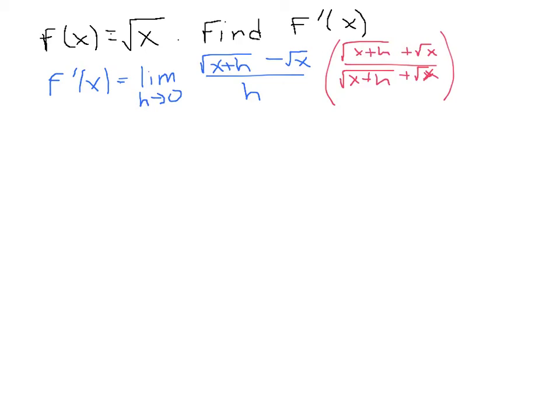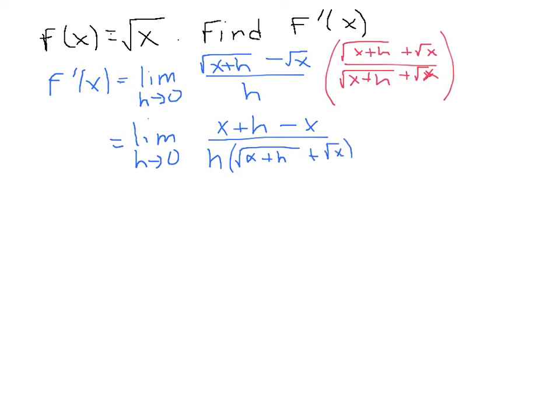And start to simplify. So limit as h approaches 0. Remember, the numerator is just the conjugates, that a squared minus b squared pattern, a minus b, a plus b. So it's going to be x plus h minus x, that's the a squared minus the b squared, divided by h times, I'm just going to leave this as a product of the factors.